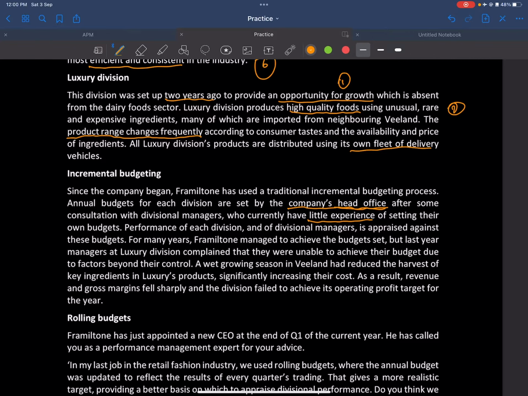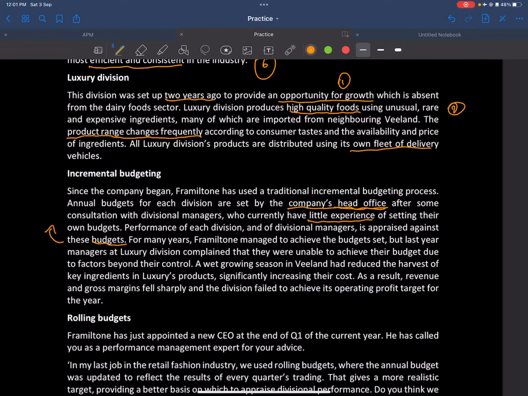So that could be a good clue as well, for saying that they would need guidance from head office, right, with more experienced people. Let's just say that. And performance of each division and of each divisional manager is appraised against this budget, right?